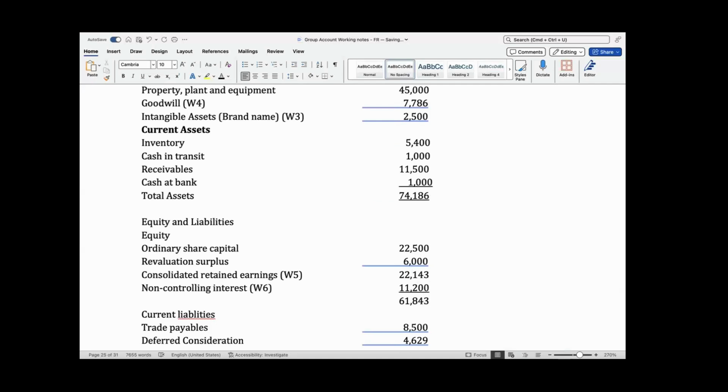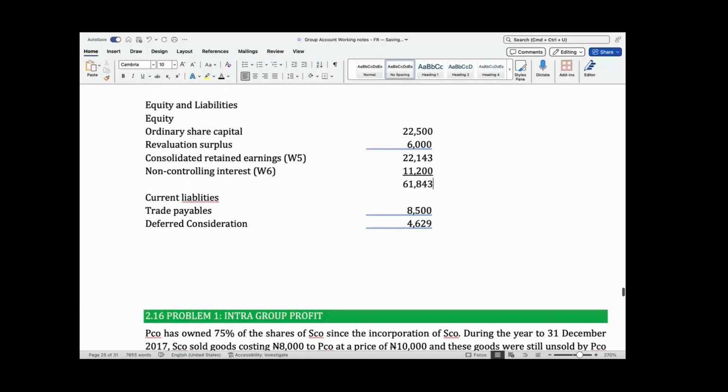We had 61,843 plus 8,400, then plus 4,629.